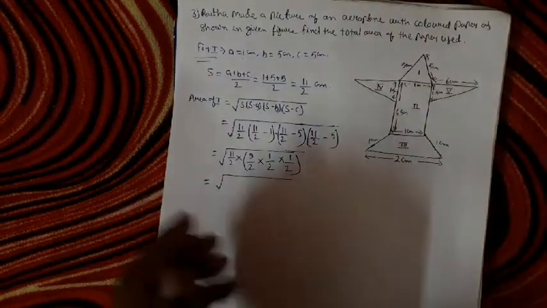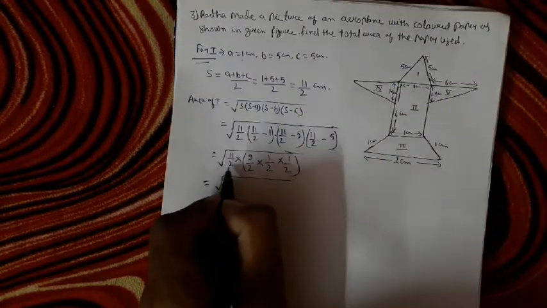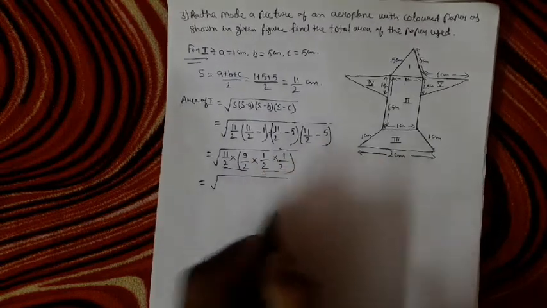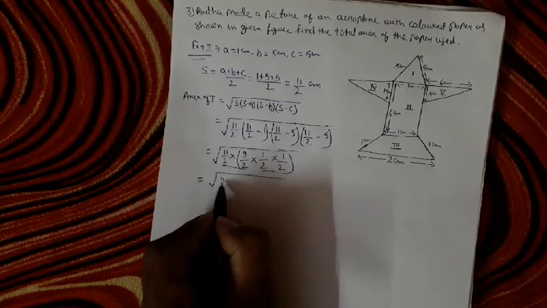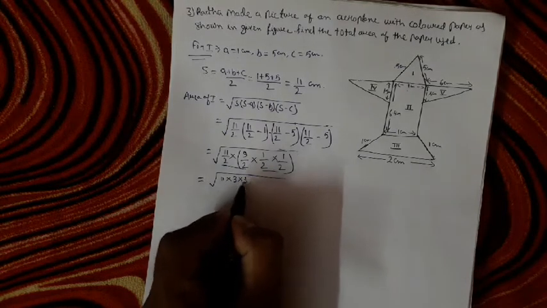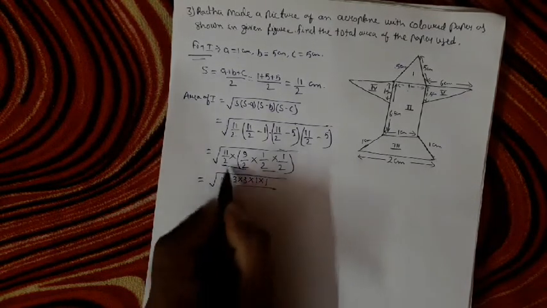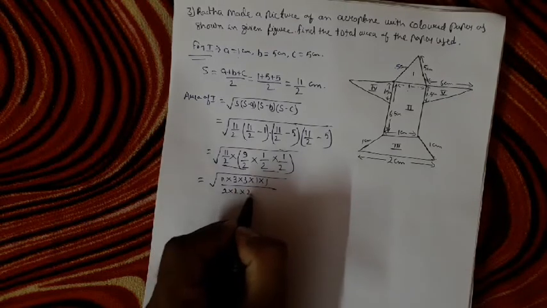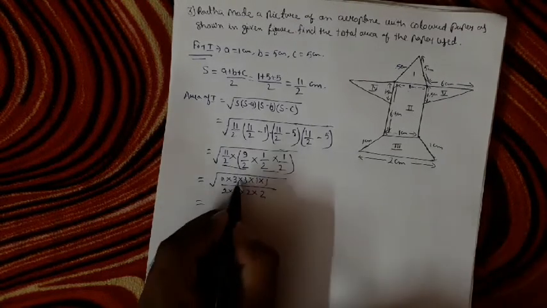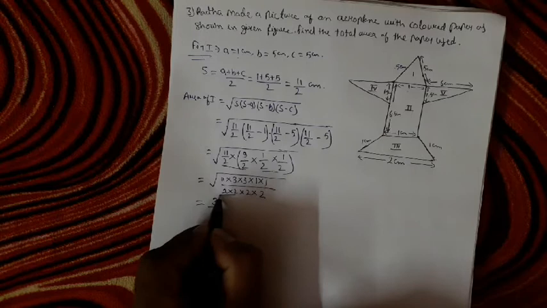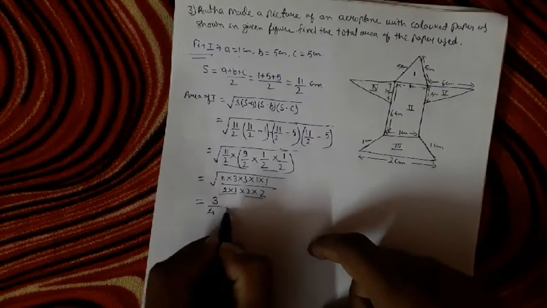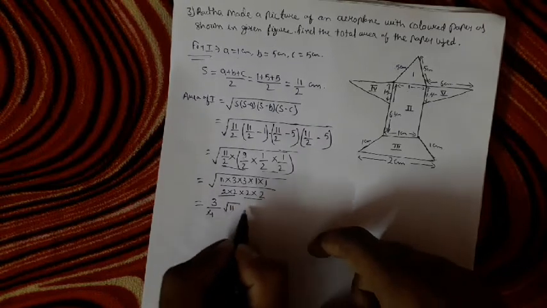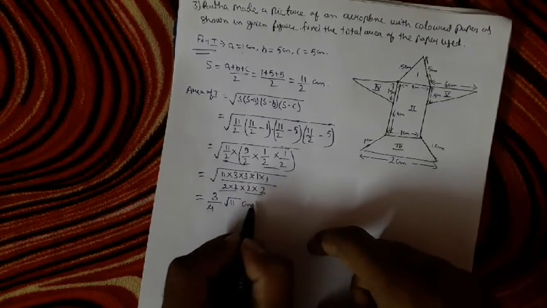Now when I solve this, 2 and 2 are in a pair, here 2 is also in a pair. And 9 can be split as 3 into 3, and 1 into 1, and we have 2 into 2 into 2 into 2 below. So from there I'll take out 3 and 2 and 2, so 2 into 2 becomes 4. So finally we have 3/4 root 11 centimeter square. This would be the area of the first part.